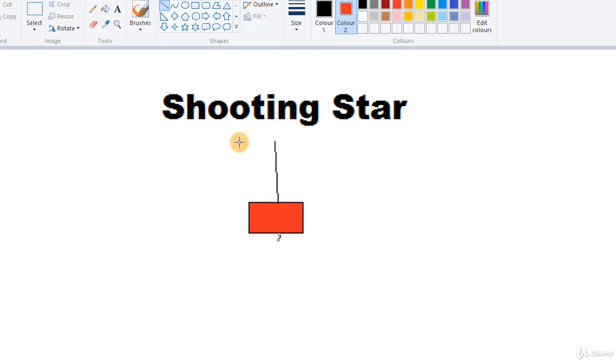And if you find a shooting star with some conditions, then it will be a trend reversal and the uptrend will become a downtrend very soon. The next candle should have its close below this close. So the close of this candle is this level right here, and let's say the next candle is right here, and the close should be below this one. So that was the first condition.